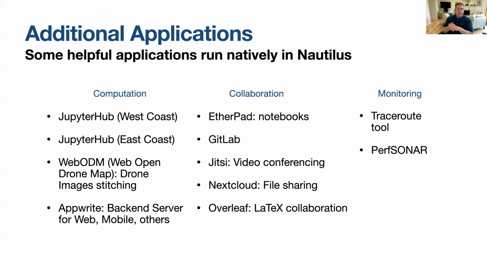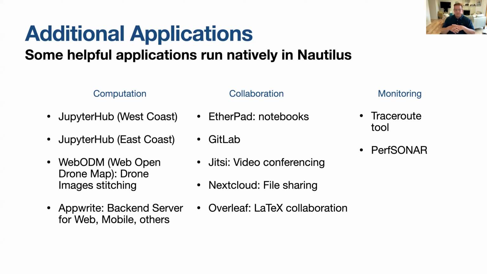WebODM is a drone map image stitching. So if you, let's say, wanted to create a 3D landscape and you've got a bunch of drone images, you don't need to build that service inside of Nautilus, it's already running. And the reason why we have WebODM running as a service is because there are a lot of researchers, especially in the digital humanities, archaeologists and whatnot, who do this all the time.